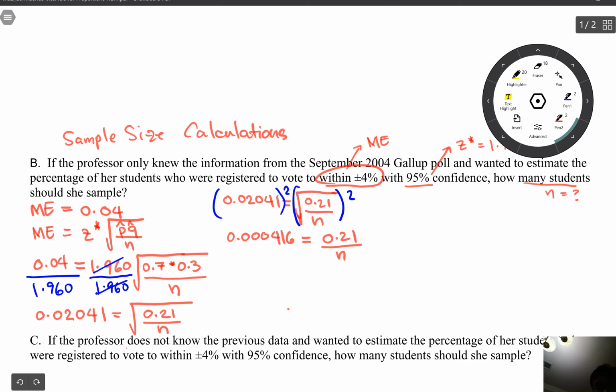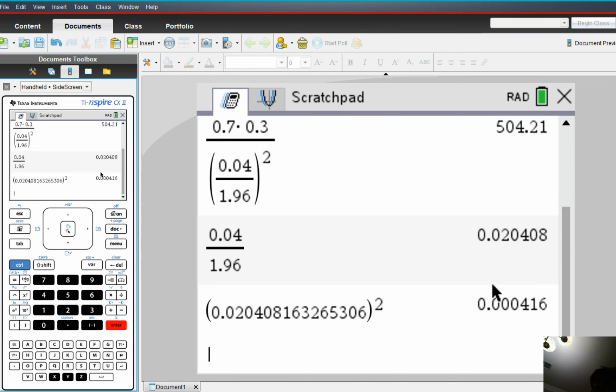Now finally, it's just cross multiplication. Multiply that one here, so that would give us n equal to 0.21 divided by 0.000416. Let's get the calculator.